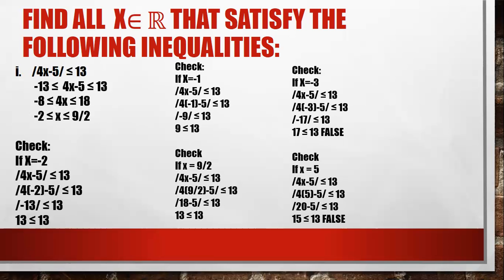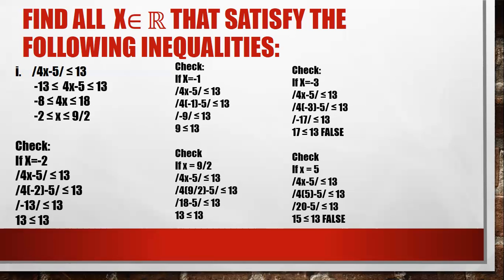Is 17 less than or equal to 13? It is false because 17 is greater than 13. So if our x is less than negative 2, then we will come up with a false or wrong value of x.